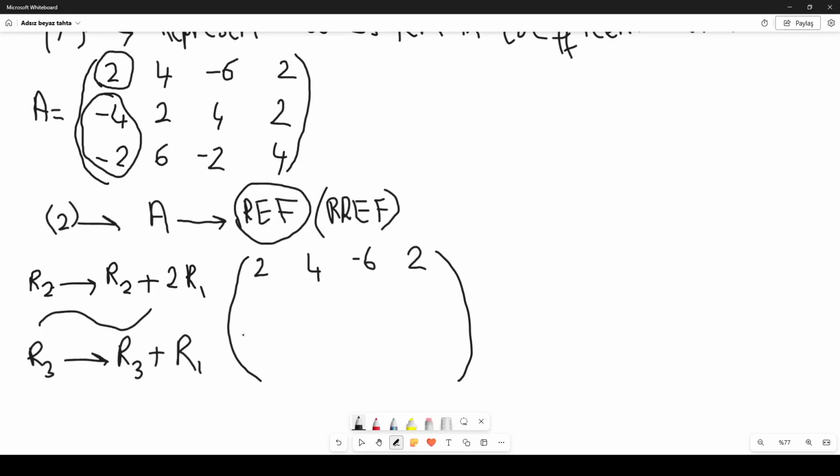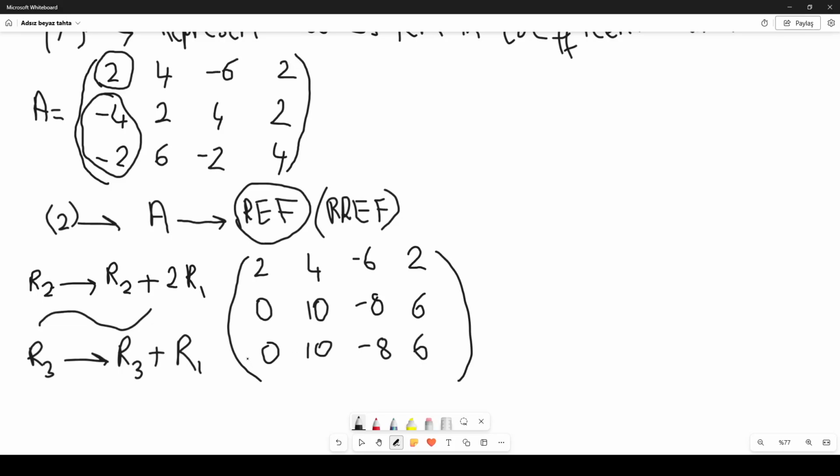So for the second row, we got 0 right over here, and we got 10, and what we have here, 2 times -6 is -12, and adding 4, we got -8, and we got 6 in the last entry of the second row. And for the third row, we got 0 here, and again we got 10 here, and -8 right over here, and in the last entry of the last row we have 6.